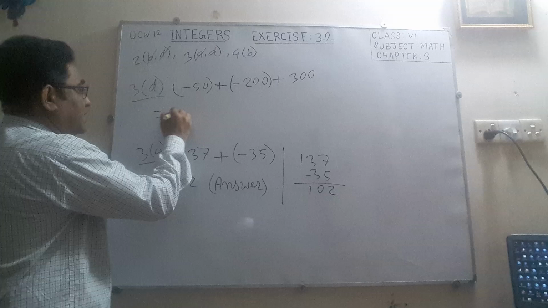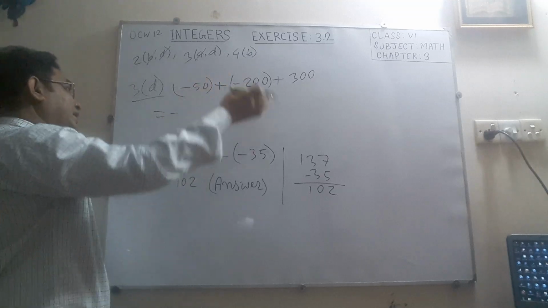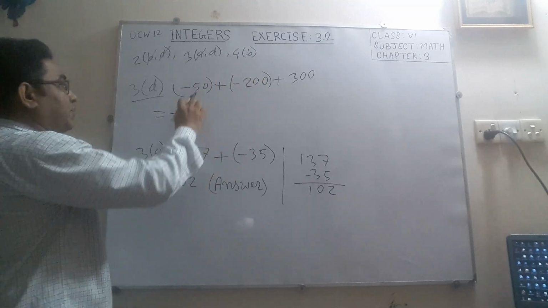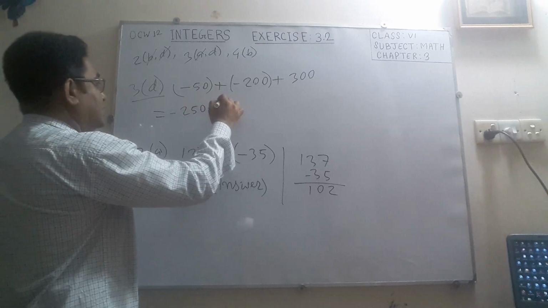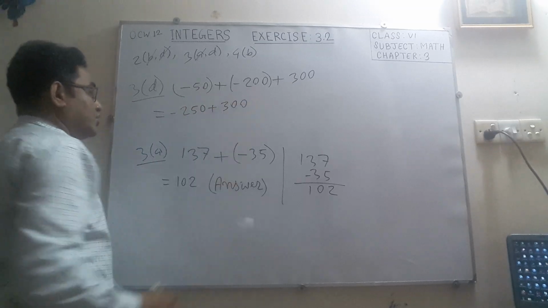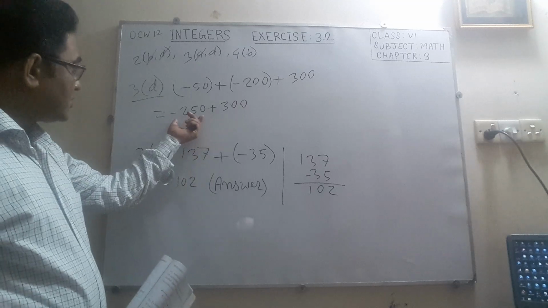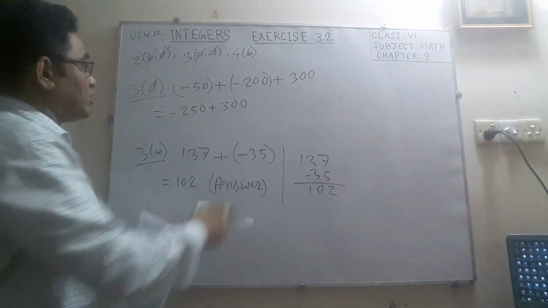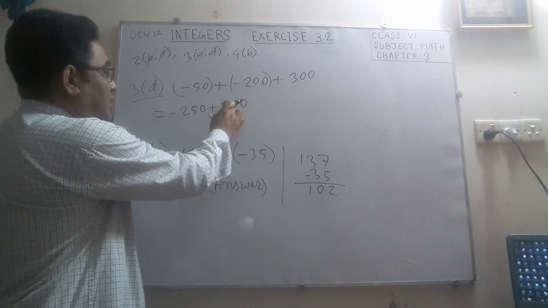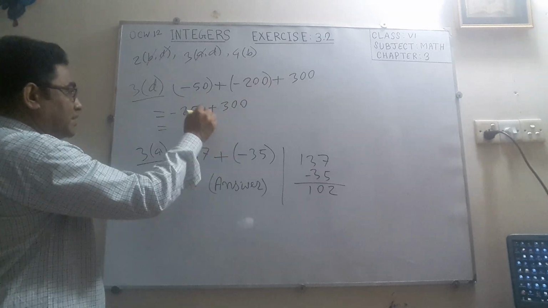Then what is coming here? Minus minus, that means minus sign, minus 50 and again minus 200. Then what is the number here? Minus 250 plus 300. So here are two numbers. One is minus 250, another one is plus 300. So which sign should we write? Here plus is more, so we have to write plus sign.